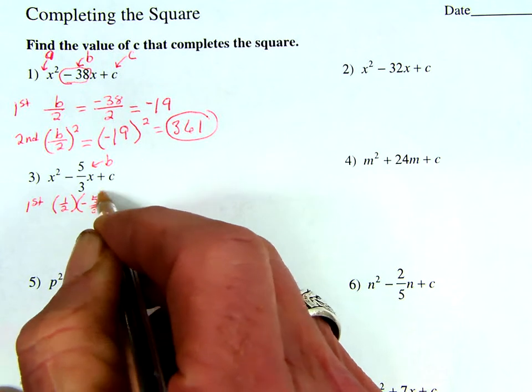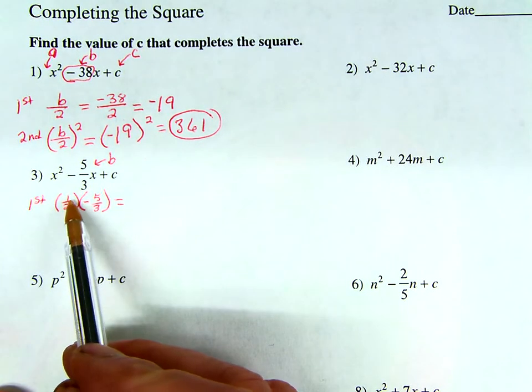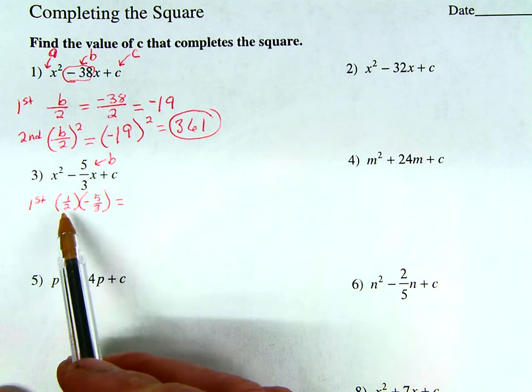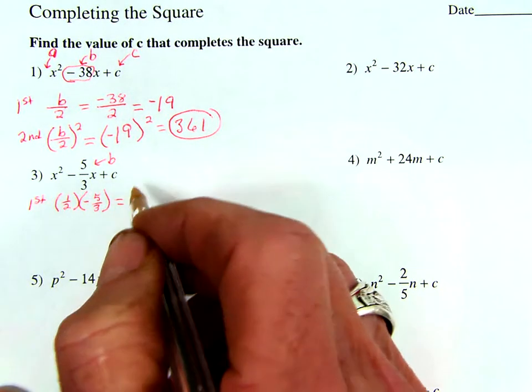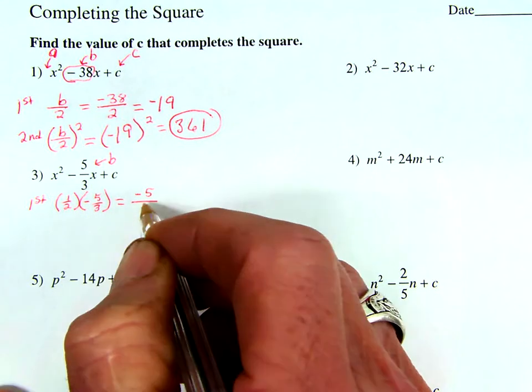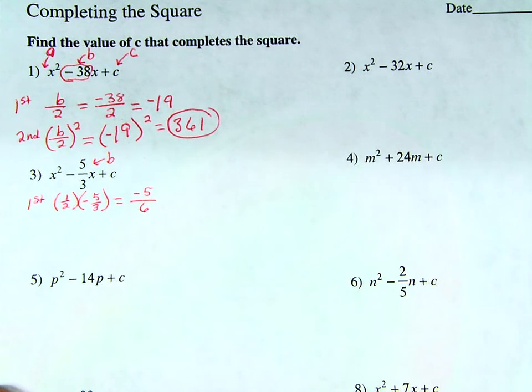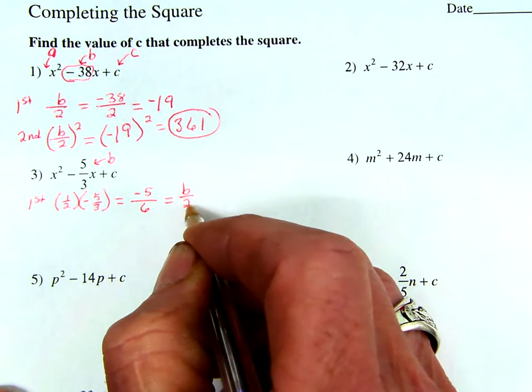Your calculator will do this for you, but when you're multiplying fractions, it's the top times the top, the bottom times the bottom. 1 times 5 is negative 5. 2 times 3 is 6. That equals b over 2.